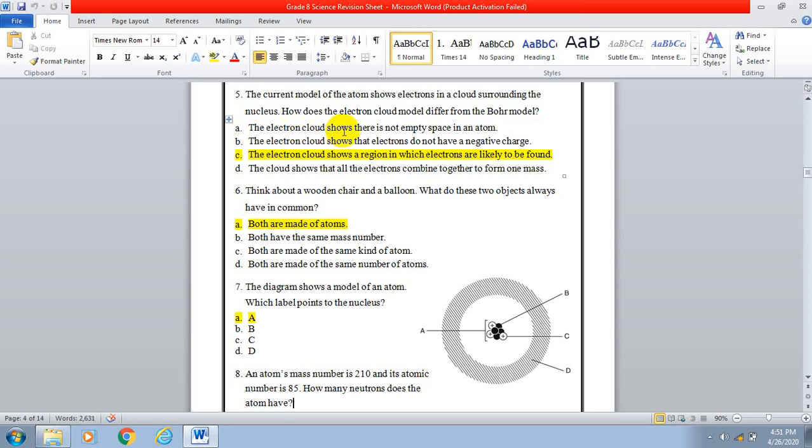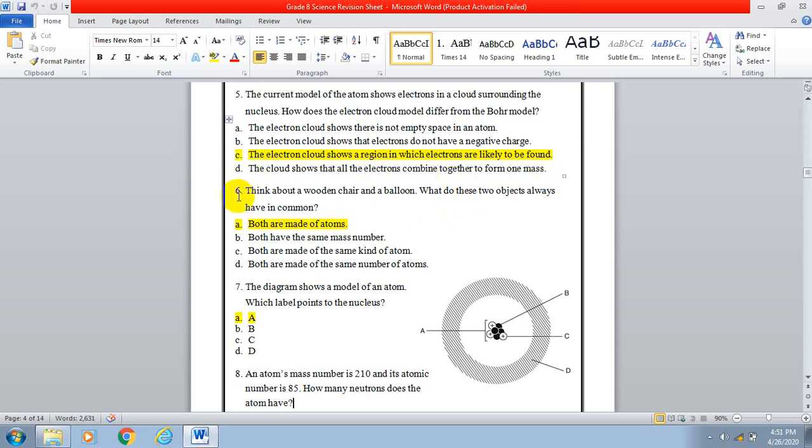The electron cloud shows there is no empty space in an atom. The electron cloud shows that electrons do not have a negative charge. Number C, the correct option, says the electron cloud shows a region in which electrons are likely to be found. Look at this region. So this one is correct. The cloud shows that all the electrons combine together to form one mass. No, the appropriate answer is what?